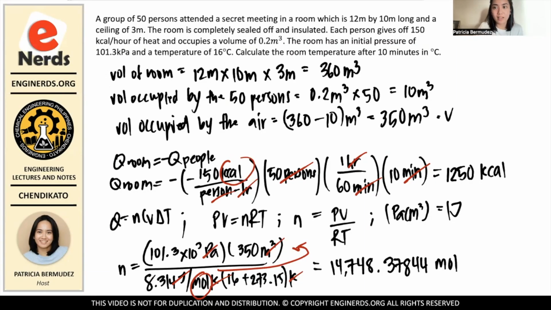Now, the next step is to equate this, which we will calculate later, with this. Q here is 1,250 kilocalories.